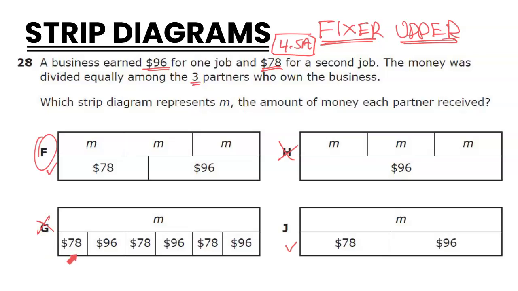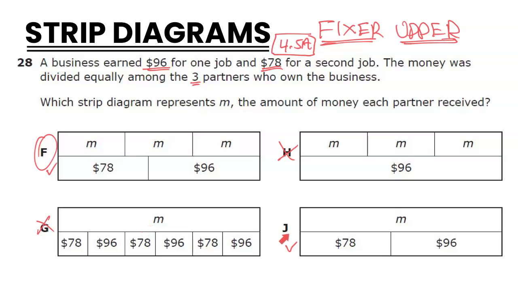And hopefully students would notice that 78 and 96 were being multiplied by 3, and so we would have to figure out some way for the problem to involve multiplication instead of division in order to get one total.